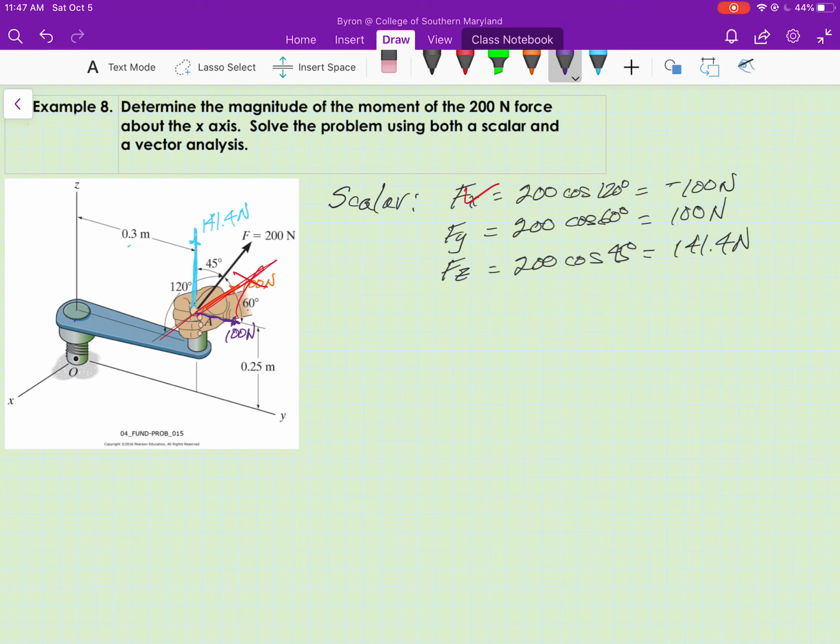So let me extend the line of action of F sub y, and we can see that the perpendicular distance from the axis to the line of action of F sub y is going to be 0.25 meters.